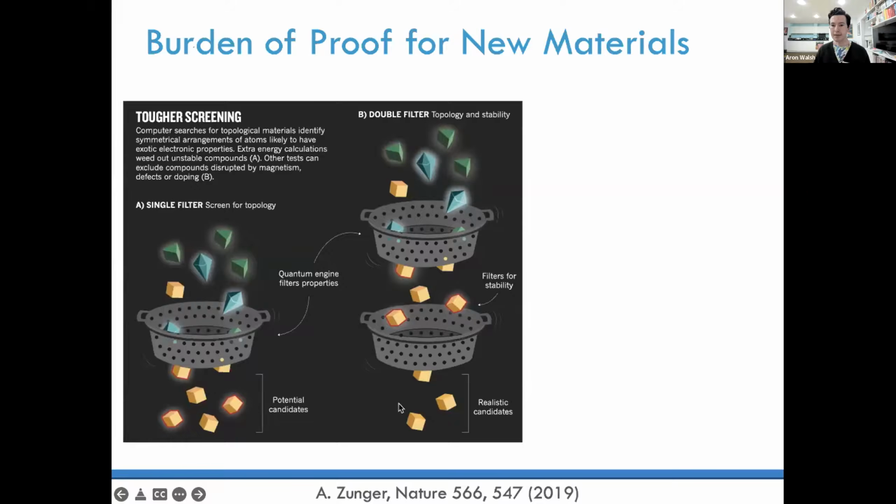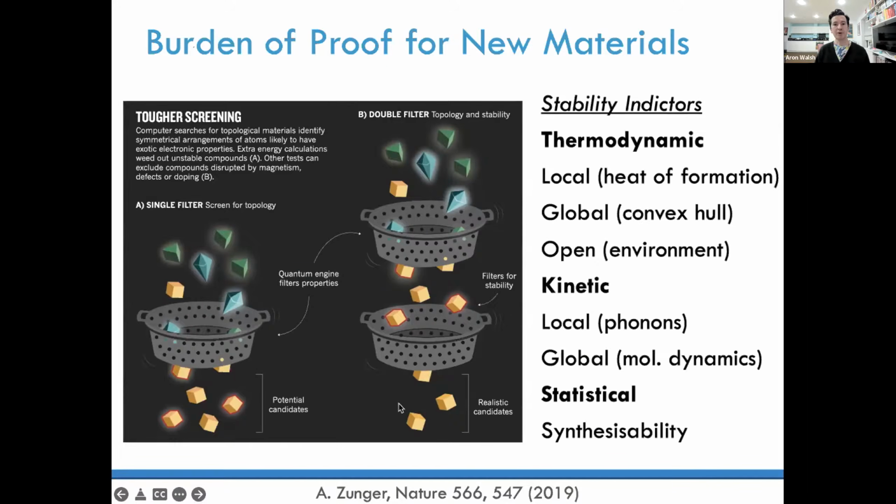At this point in time, we have many indicators of stability. You can think in terms of thermodynamics, of local heat of formation, which is usually quite optimistic. You can think globally about convex hulls, maybe an open environment interaction with oxygen or water. You can think kinetically about the phonons, though it's usually quite small displacements.